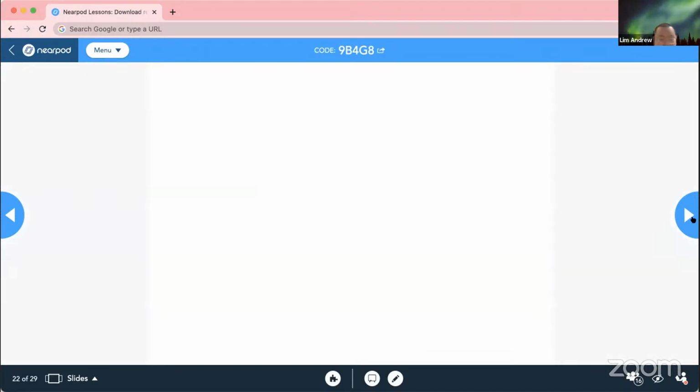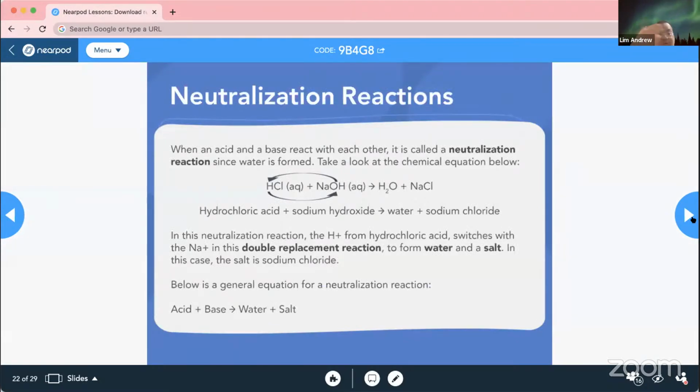Well, when an acid and a base react with each other, this is called neutralization. These neutralization reactions happen when you bring an acid and a base together, and as a result of this neutralization, water is formed. Take a look at this example chemical equation. We have hydrochloric acid mixed with sodium hydroxide.